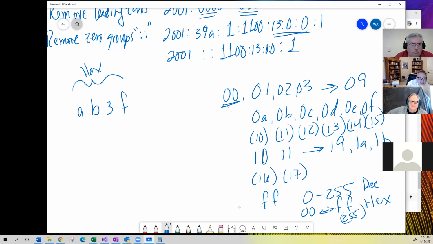Each of these individual digits is a nibble. A nibble is 4 bits, because 4 plus 4 plus 4 plus 4 is 16 bits.